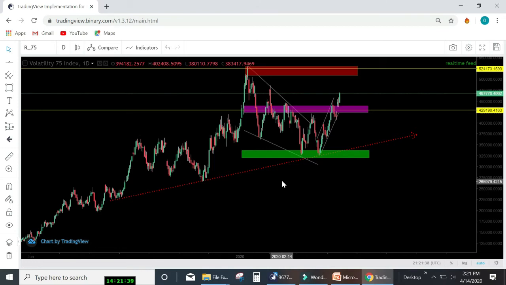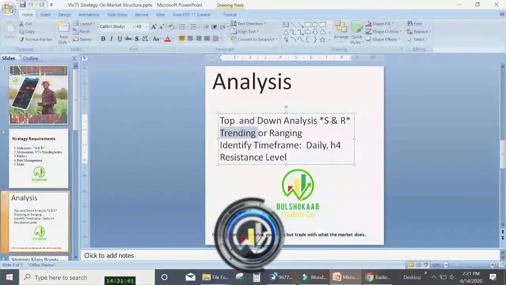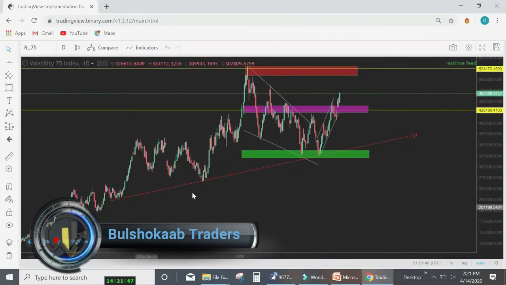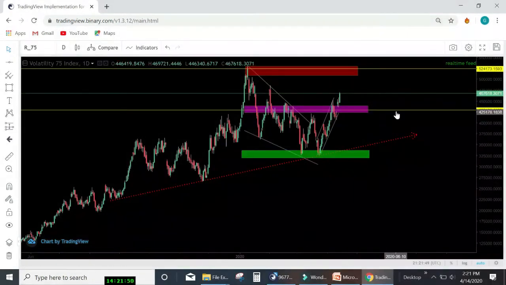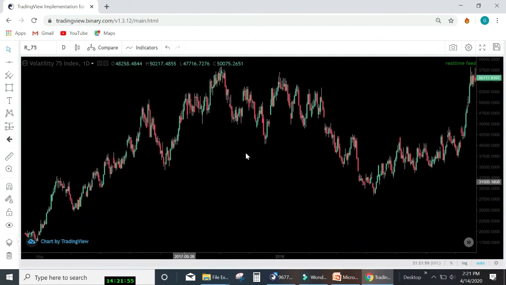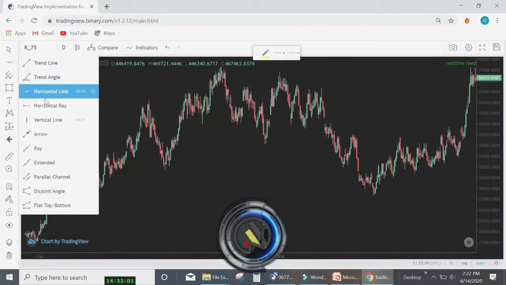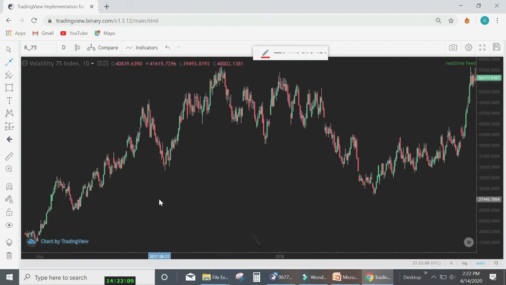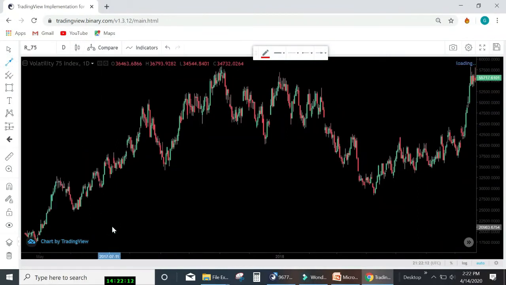So now we know how to identify the trending, whether the market has a direction, uptrending or downtrending. So let me see here.